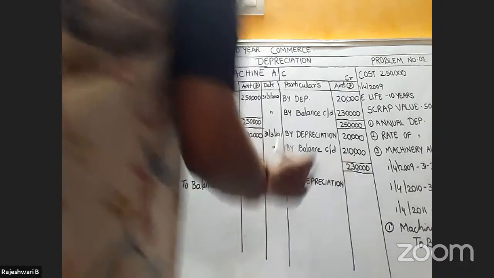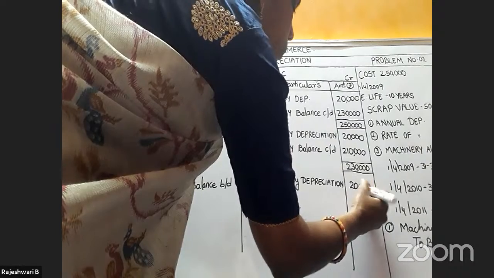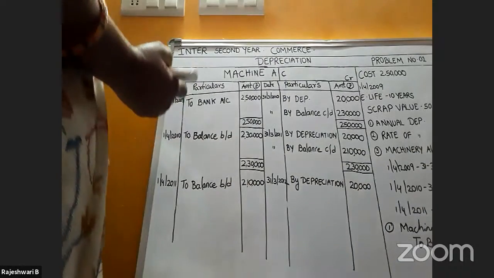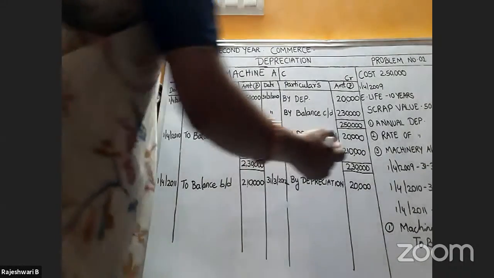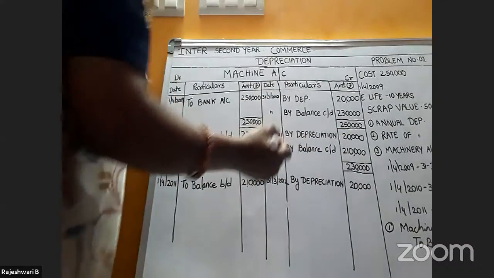How much amount? 20,000 for every year, the same amount. They ask you to prepare the machine account for 3 years. Okay, this is the third year.